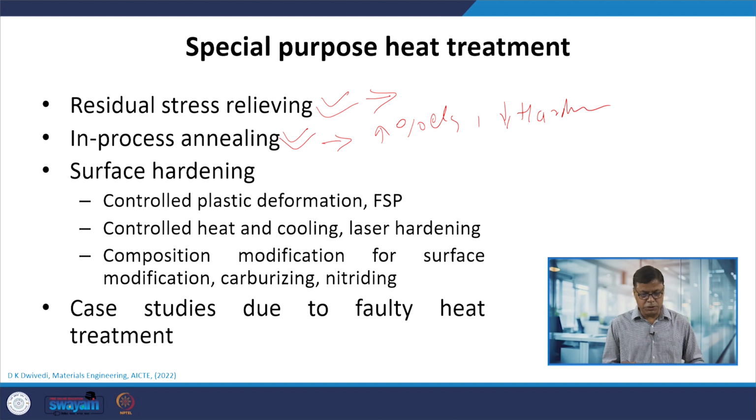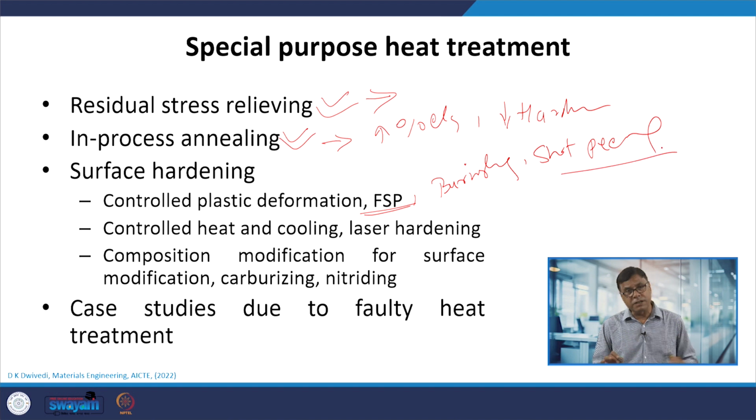There are three approaches. One is where only controlled surface layer deformation is achieved using methods like friction stir processing, burnishing, and shot peening. These are the methods where controlled surface layer deformation is used for enhancing the surface properties. Then there is controlled heating and cooling, as in laser hardening, flame hardening, and induction hardening.